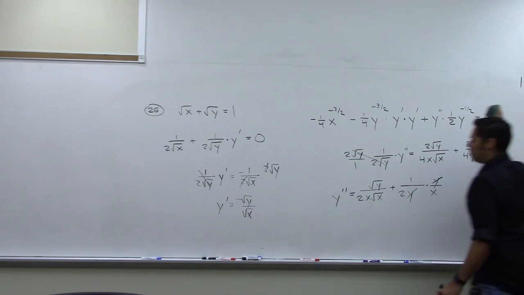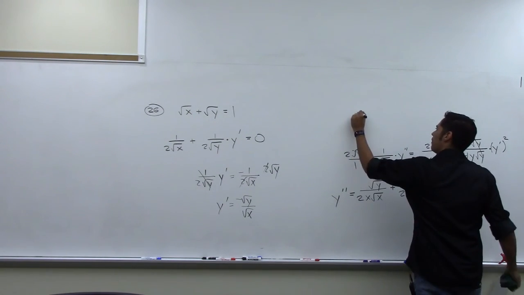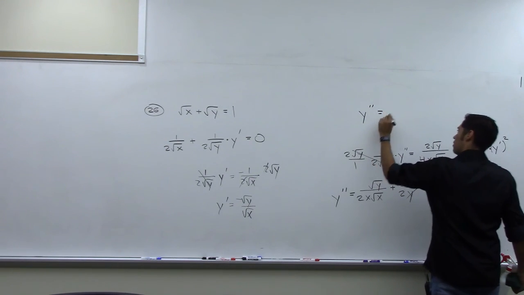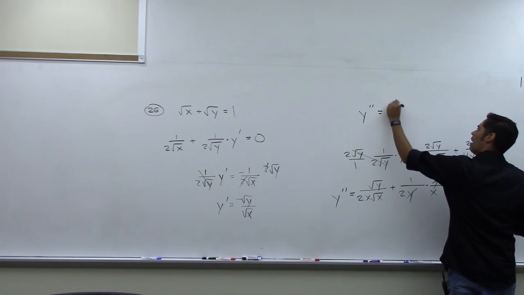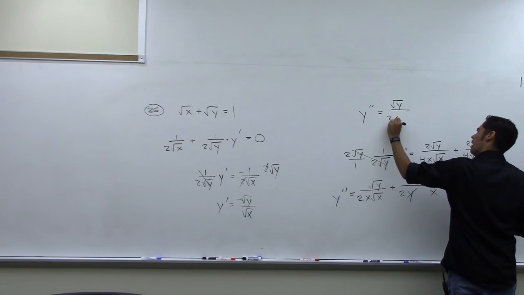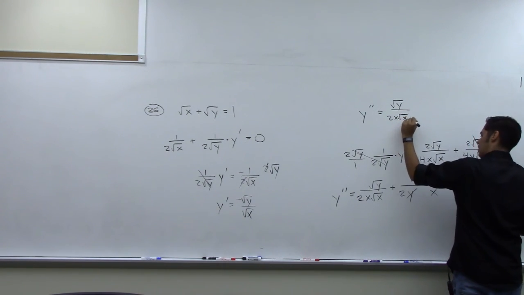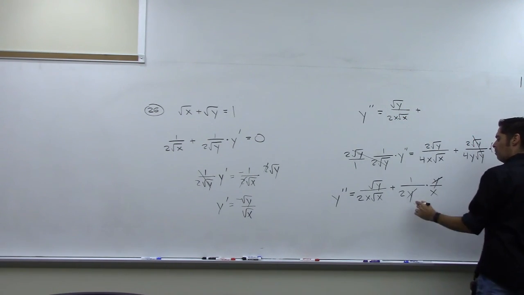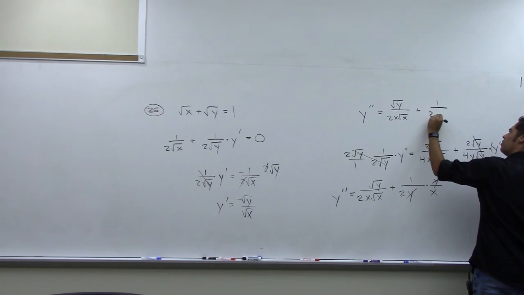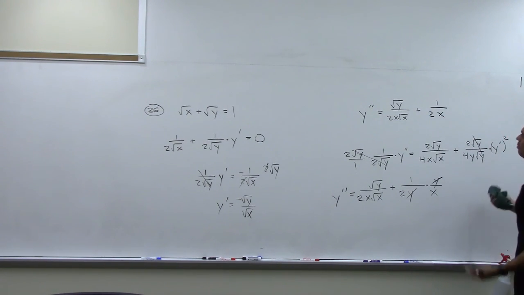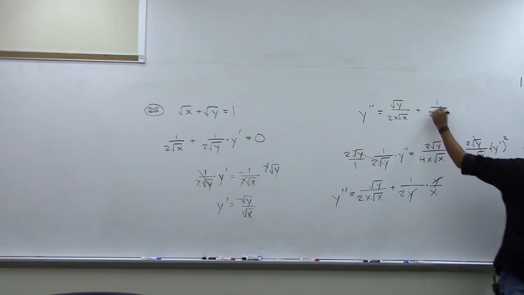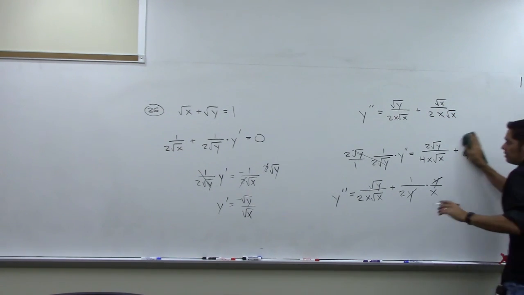And so that leaves me with y double prime equals root y over 2x root x plus 1 over 2x. And so what I can see here, I can get a common denominator. I can put a root x up here and a root x down here. I know I'm working fast. They're kicking me out of this room.